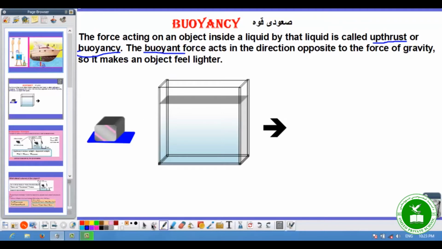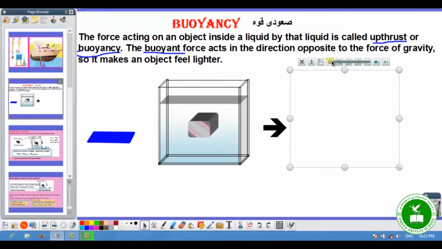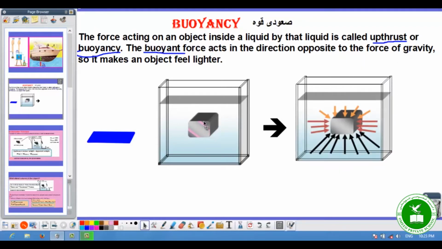Now let's put this object inside this liquid. What will happen? If you throw this into the liquid, then the liquid applies force from all directions.